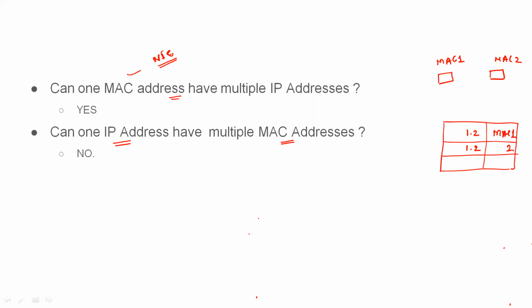Can one IP address, 1.2, point to two MAC addresses, MAC 1 as well as MAC 2? The switch will get confused as to which system the packet has to be transmitted to, so this is not possible.